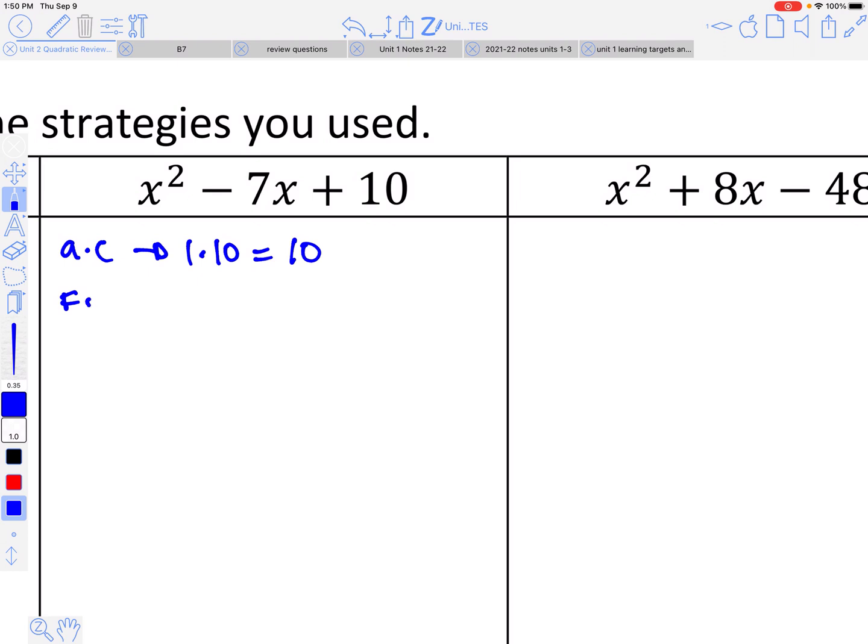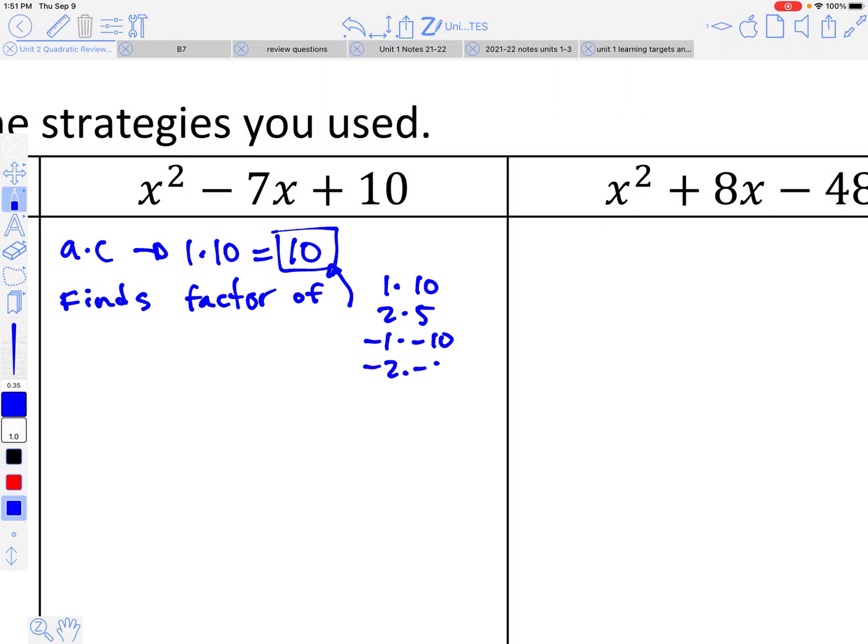So then what you're going to do is you're going to find the factors, so the multiplication of 10. So whatever you get here, okay? So that's 1 times 10, 2 times 5, negative 1 times negative 10, negative 2 times negative 5. You don't need to write all 4, and you don't want all 4.